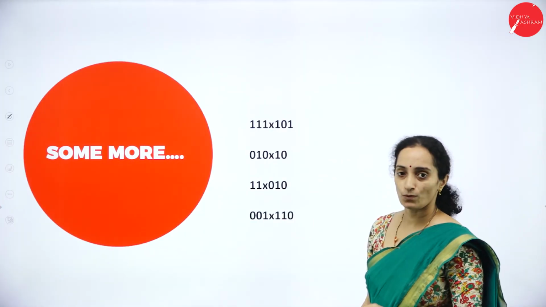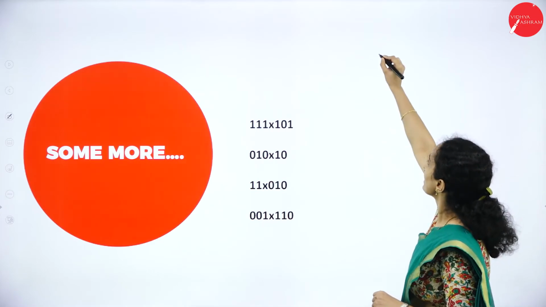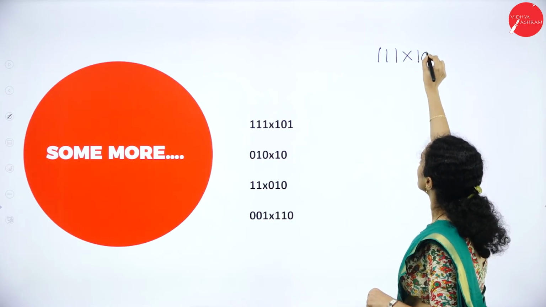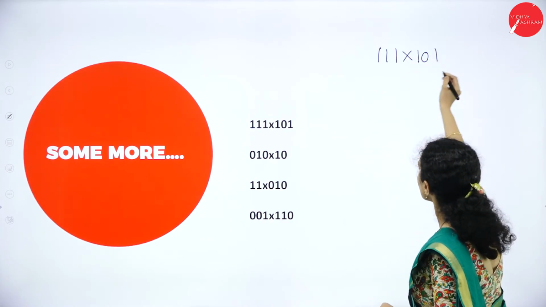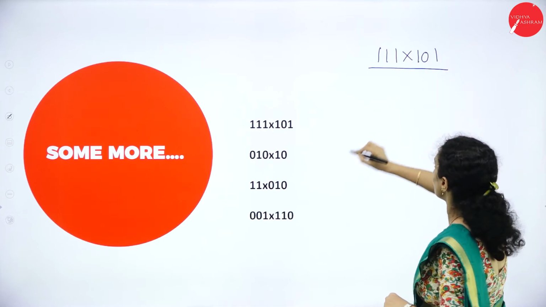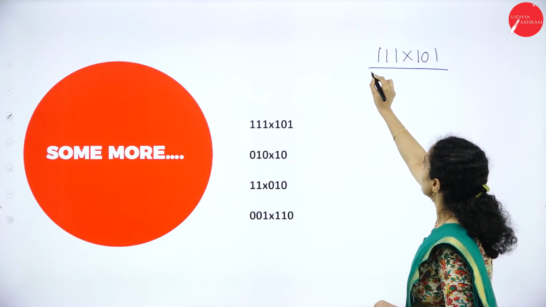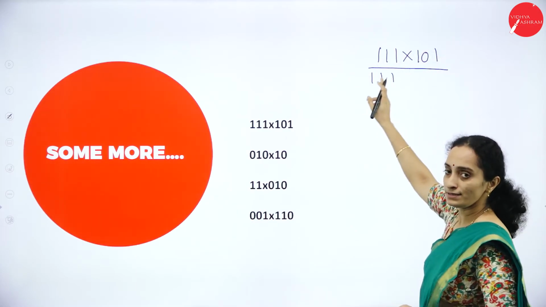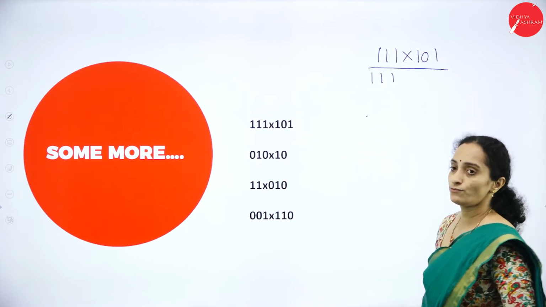We have some more examples. We shall take up one example: 1, 1, 1 into 1, 0, 1. So, first product will be 1, 1, 1. When you multiply the number with 1, you will get 1, 1, 1.